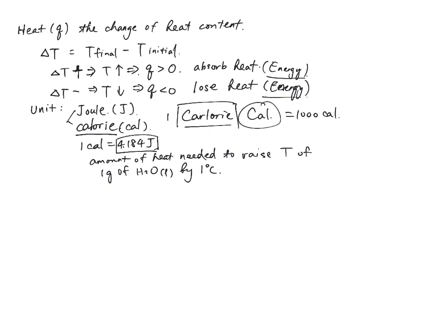Okay, 1 gram of water is about 1 centimeter cube or 1 milliliter. So to make the temperature of that 1 milliliter of water change by 1 degree Celsius, if it's going up 1 degree Celsius, you're going to need to absorb 1 calorie of heat. And if it's going down 1 degree Celsius, you're going to have to release 1 calorie of heat to the environment.